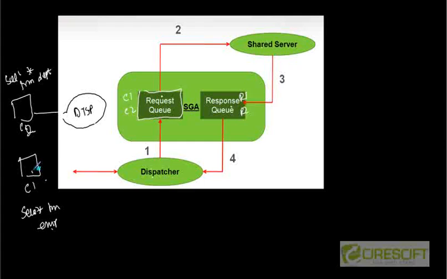client. Okay, so by doing this, what we solve is that we no longer need, say for example in this case, any more dedicated servers. In dedicated server mode we would need 2 dedicated server processes, but here we can get it by just using one shared server.